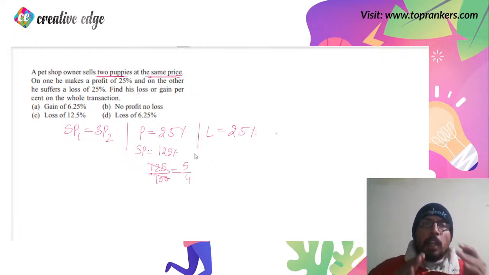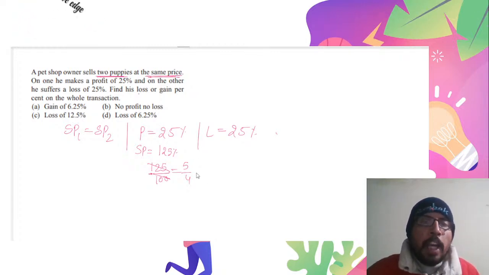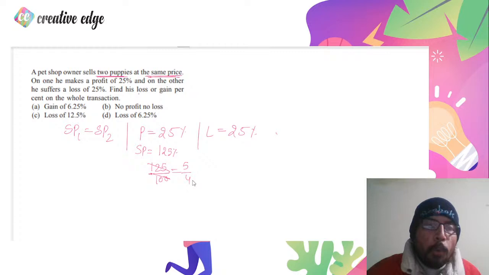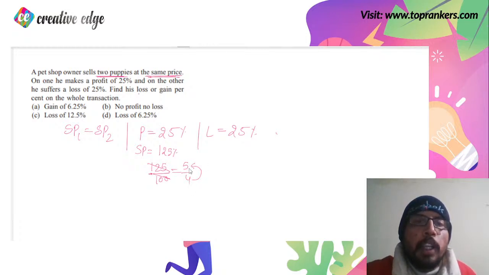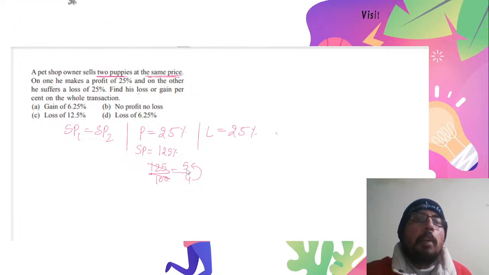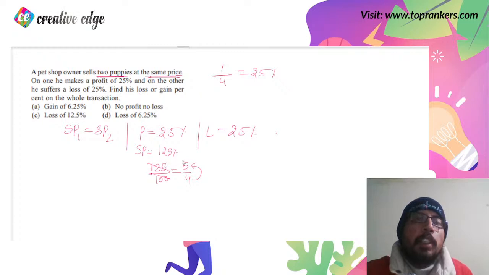So you can understand 25% profit as buying a commodity at 4 rupees and selling it at 5 rupees. I repeat, you bought a commodity at 4 rupees and sold it at 5 rupees. In this way you are gaining a profit of 1 rupee and the cost price is 4 rupees. So 1 by 4 is nothing but 25%. So 25% profit can be written as 5 by 4, where 4 represents the cost price and 5 represents the selling price.